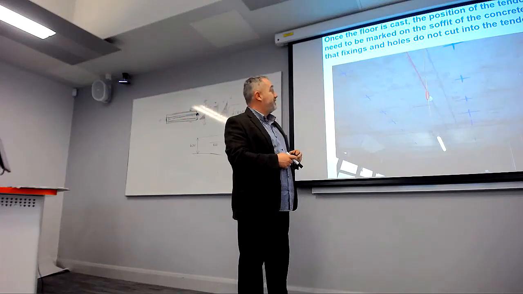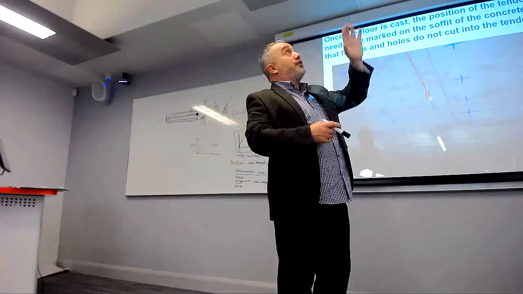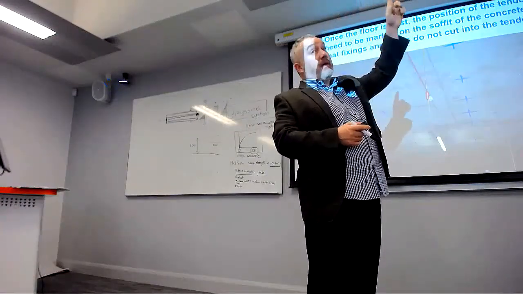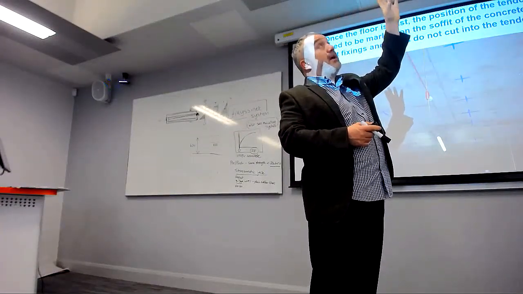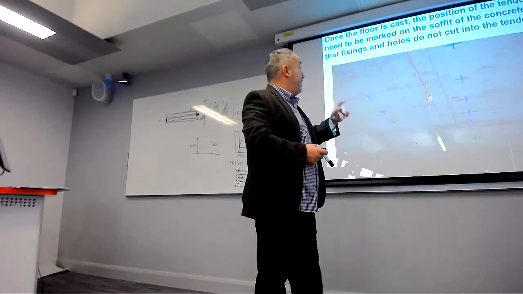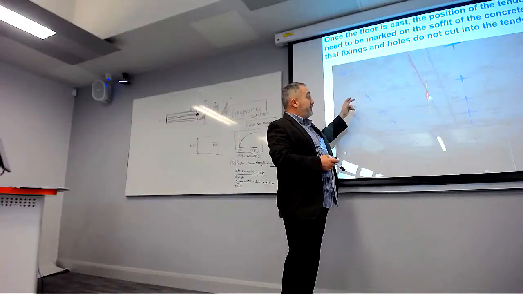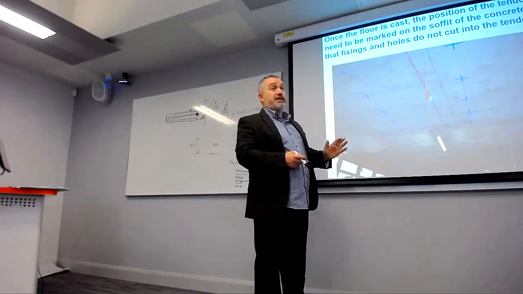If you look on YouTube, there's a few videos of concrete being fired because the steel has been under tension. But if this was a normal reinforced concrete floor, you could cut a hole in it, and it wouldn't really matter if you hit a bar, because it's normally not in tension, but this stuff is. So they mark it to show don't cut here.